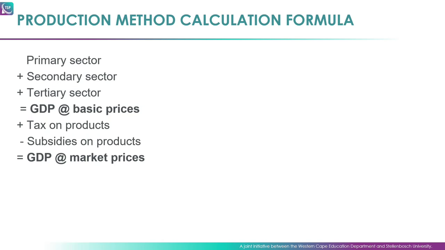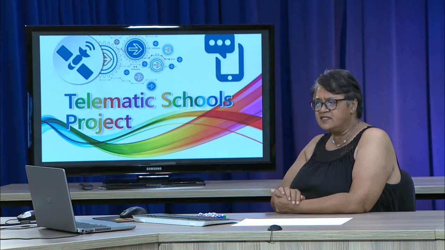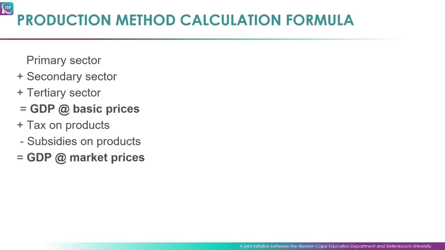Close your eyes and make sure you can see in your mind's eye that primary, secondary, tertiary added together gives me GDP at basic prices. And to convert my GDP at basic price to GDP at market price, I add my tax on products minus the subsidies on products.